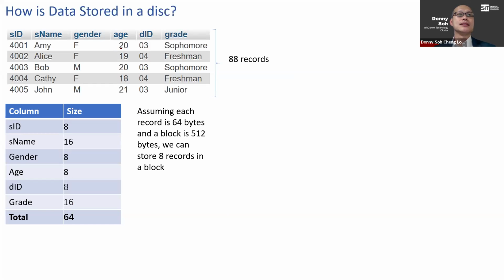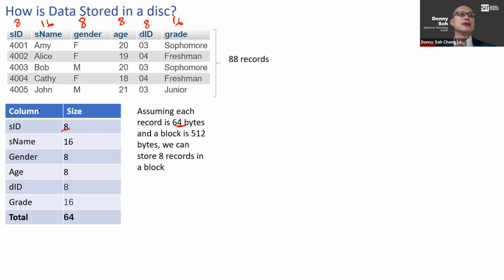So let's look at this example. Assuming that there are 88 records over there, let's assume that every single attribute here has a certain size. So every single record is 64 bytes. How do we get this 64 bytes? We are assuming that SID is, let's say, 8 bytes. Over here, this is 16, 8, 8, 8, and 16.